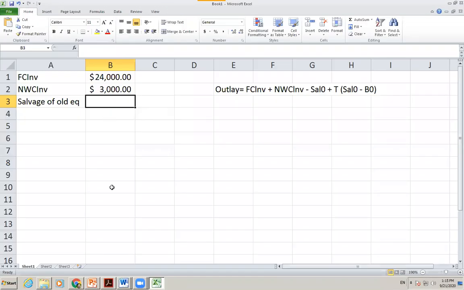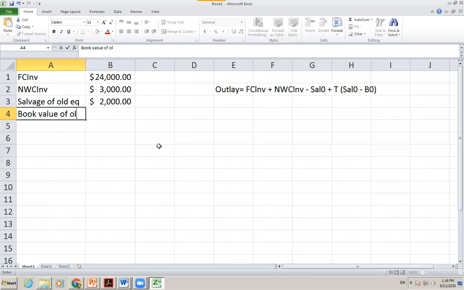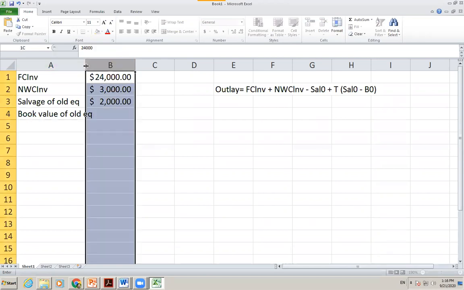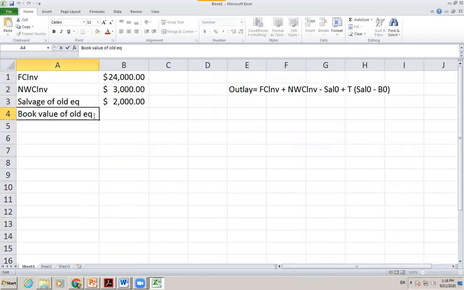Now we're selling it. Okay, I'm gonna dollarize it again. This one. And we need to put the book value of old equipment, but this book value of old equipment should be taxed. Okay, we're gonna put just this part.